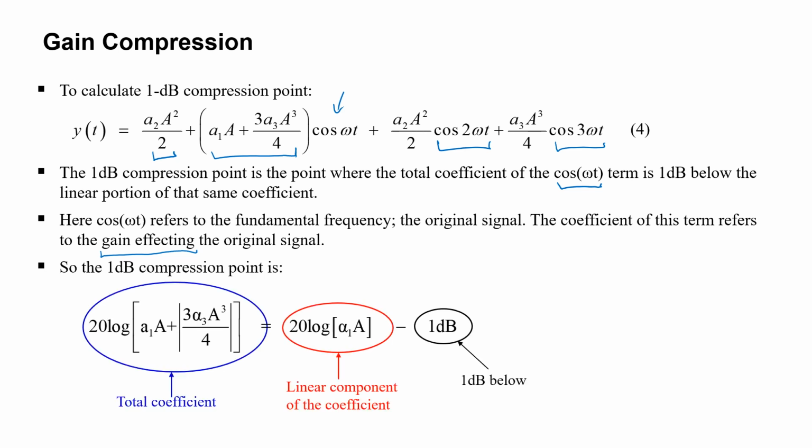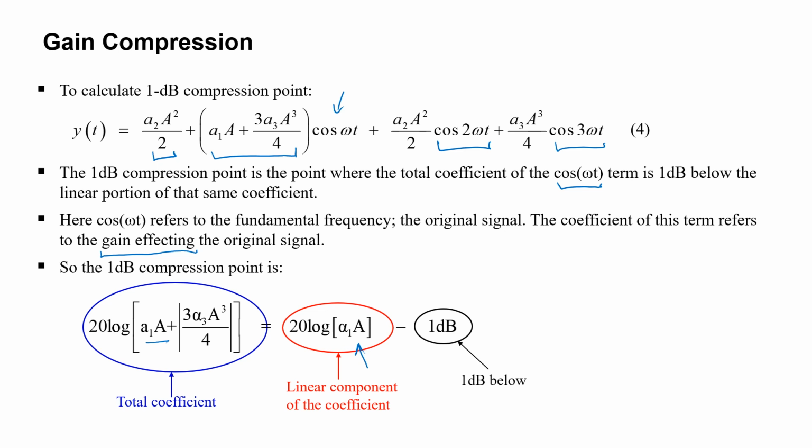So the 1 dB compression point can be mathematically written as 20 log of alpha 1 a plus the magnitude of 3 alpha 3 a cube over 4 is equal to 20 log alpha 1 a, that is what my expected outcome of the amplifier should be, the linear component of the coefficient, minus 1 dB.